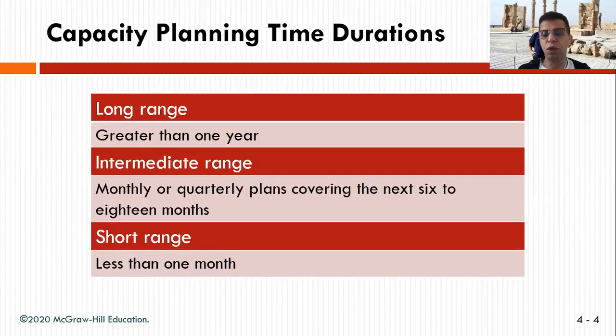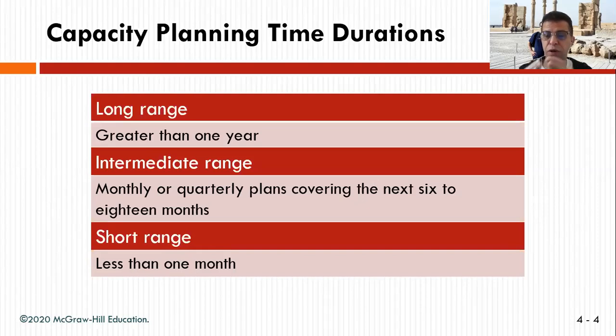Now, when we do any planning, we usually have 3 types. We have the long range, the intermediate range, and the short range. The long range is usually greater than 1 year, and is usually done by top management. Intermediate range is monthly or quarterly plans covering the next 6 to 18 months.